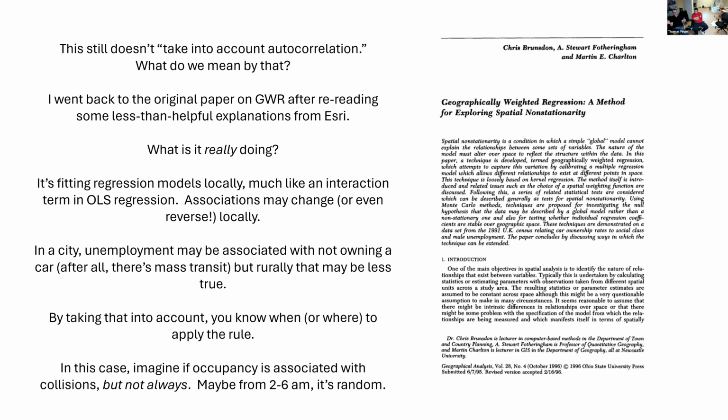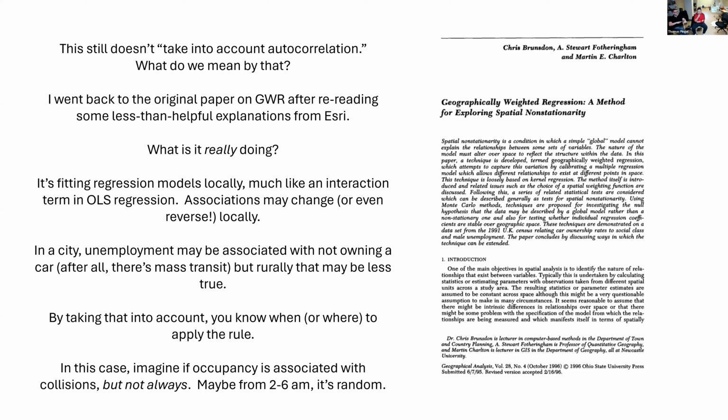That's broadly true, but it's more true in some places than others. In a city, it may not be as strong a connection because mass transit washes out the effect. But rurally, it's more true because you have to have a car. I think I kind of butchered that example a little bit.